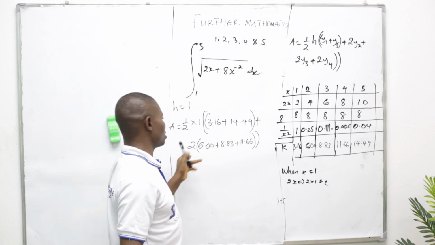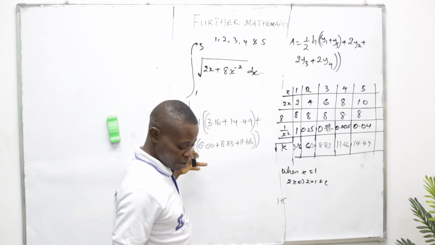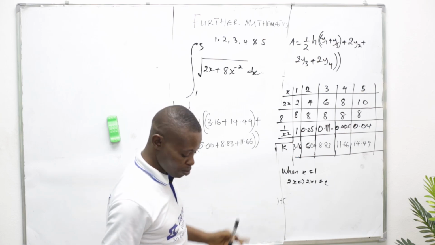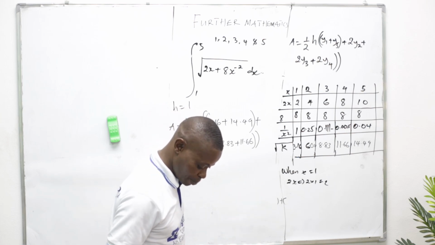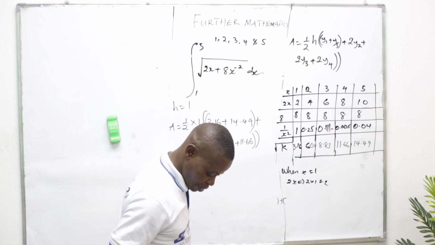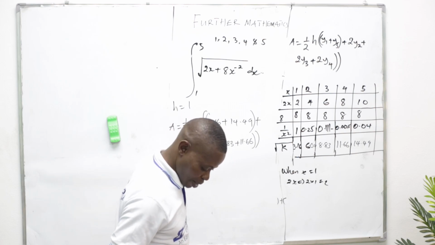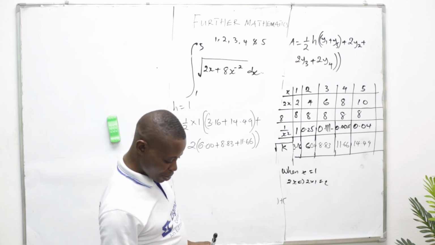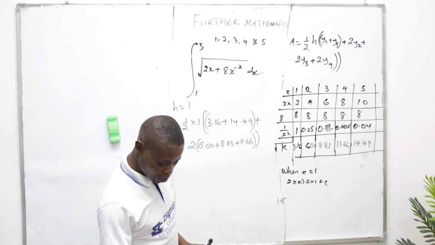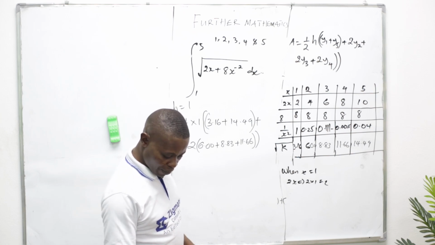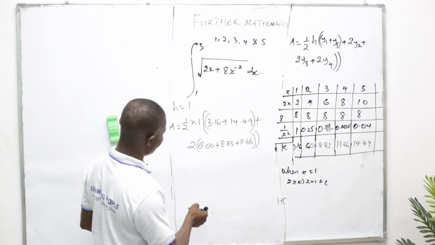Since 2 is common, I factored out 2 so that I can multiply when I sum everything up. 6 plus 8.83 plus 11.66. Multiply by 2, we'll have 52.98.